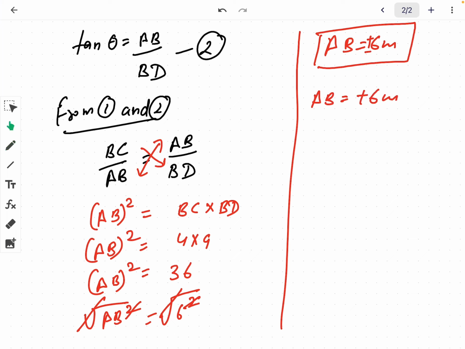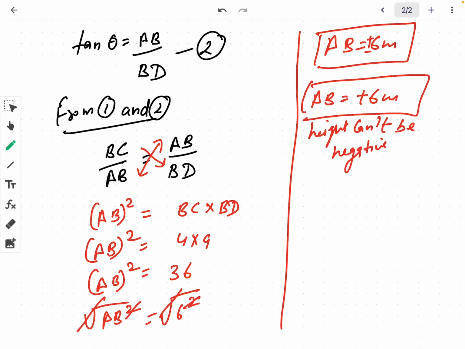We have omitted the negative sign because distance or height cannot be negative. So AB is plus 6 meter, hence proved.